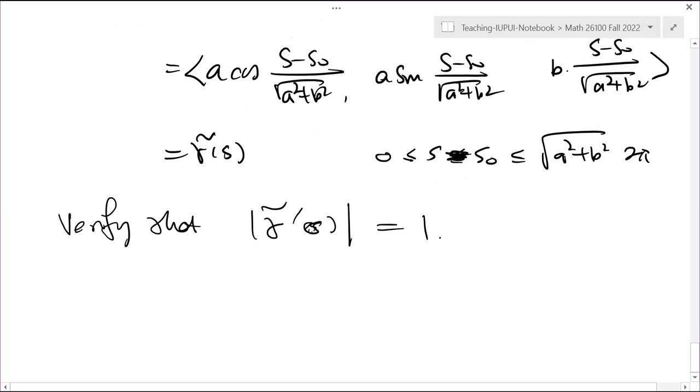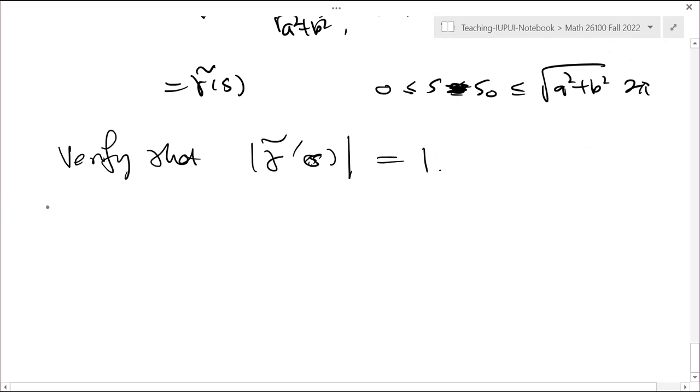Okay, so why are we interested in the new parameterization with unit speed? Because we can use that to describe the curvature of the curve.